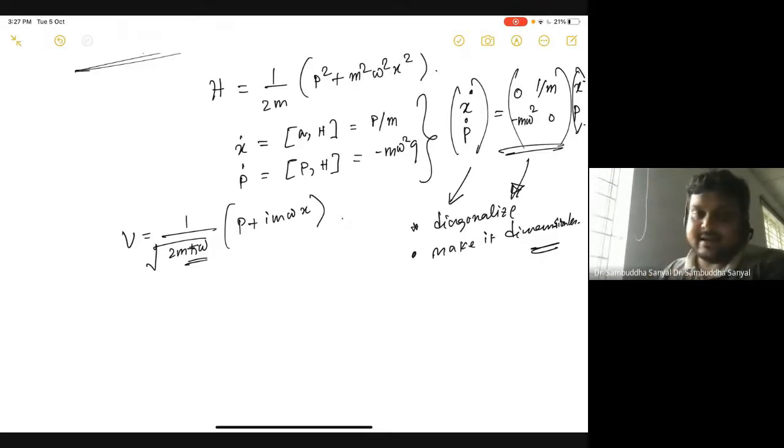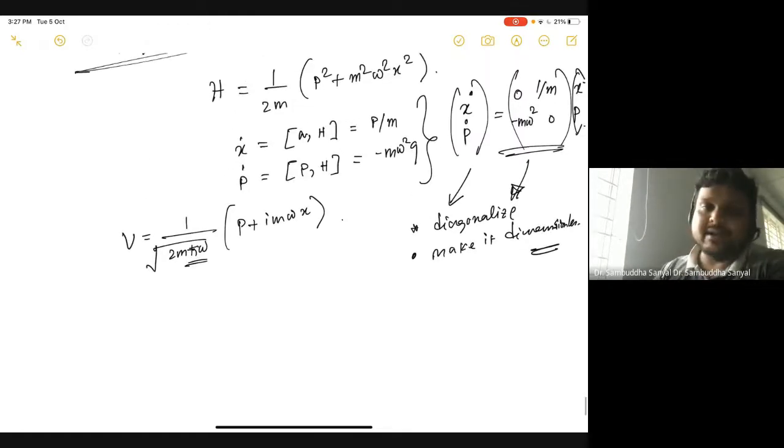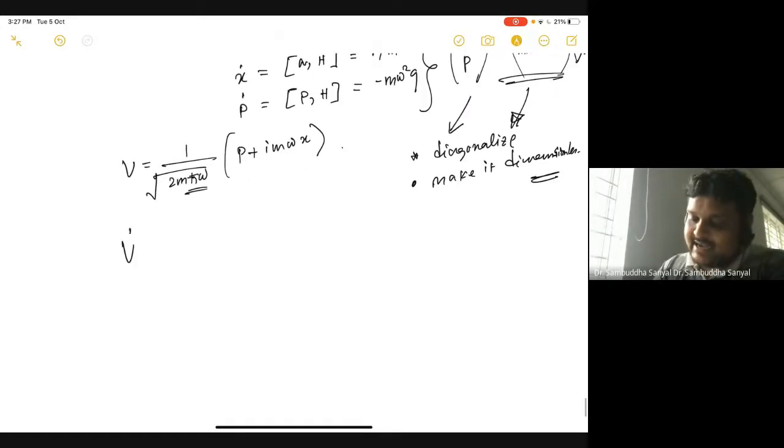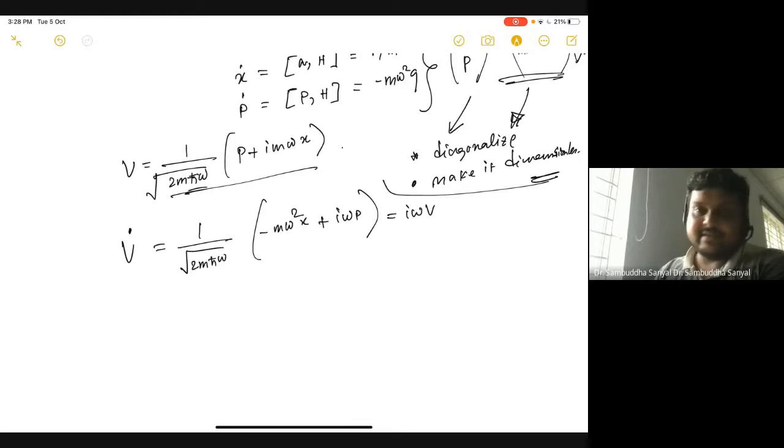If I do a variable transformation, then I can rewrite this pair of coupled differential equations as a single differential equation, whose each entry is this object, which is a mix of these. It's effectively a diagonal matrix. Omega square x plus i omega p, which is nothing but i omega b, because that is how I define it.